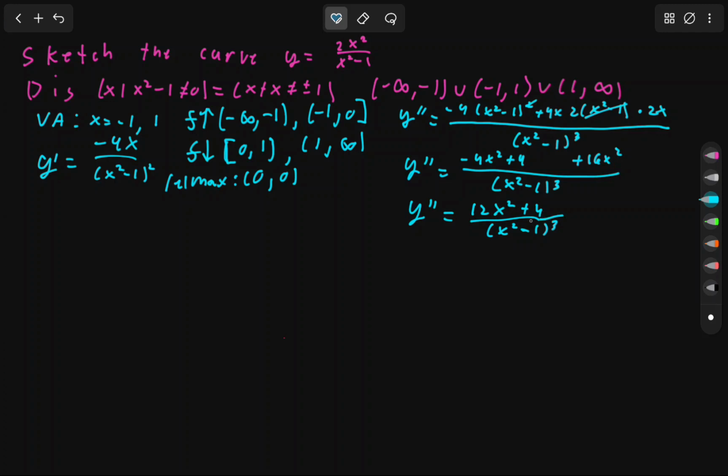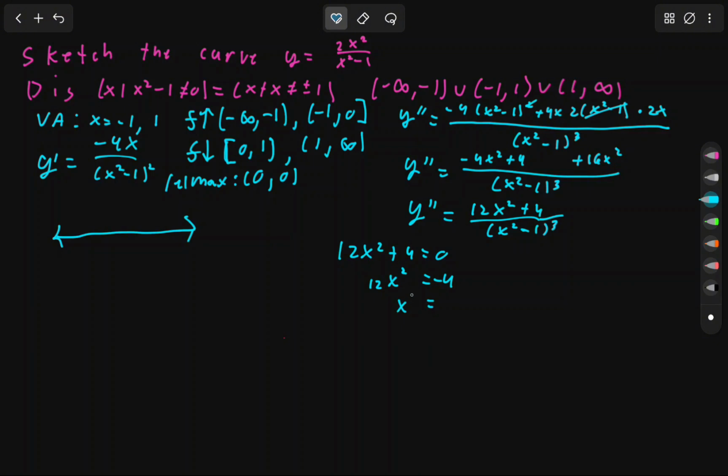Well, we're going to use the same number line tactic that we have been using, and we need to find the zeros. So we get 12x squared plus 4 is equal to 0. Well, that means that 12x squared must be equal to -4.